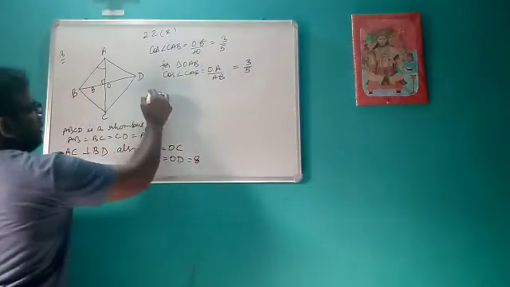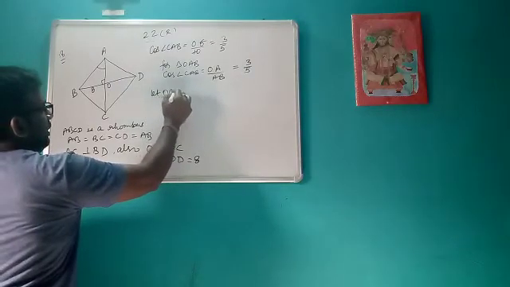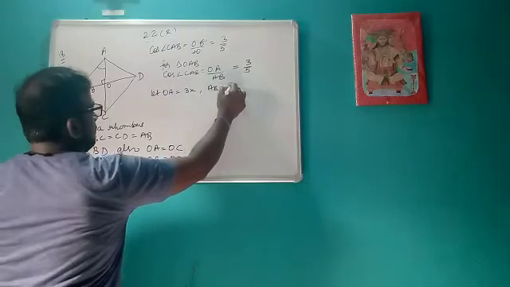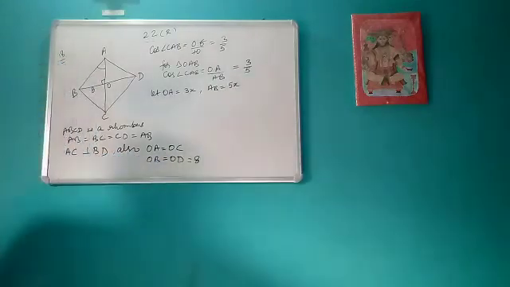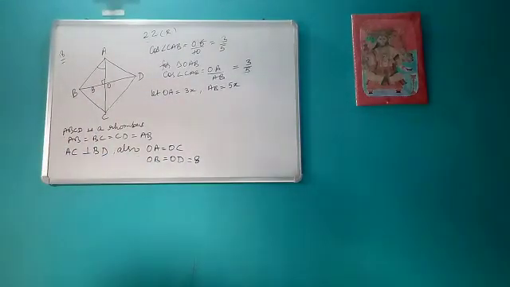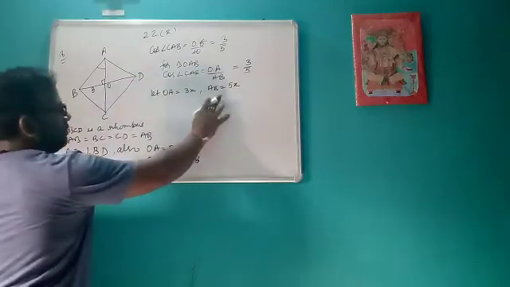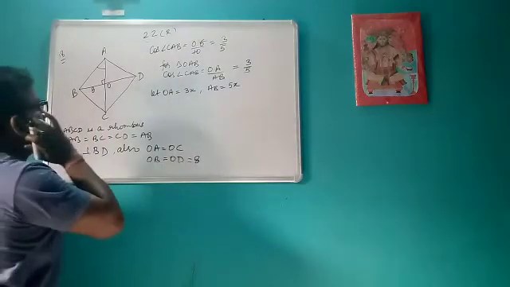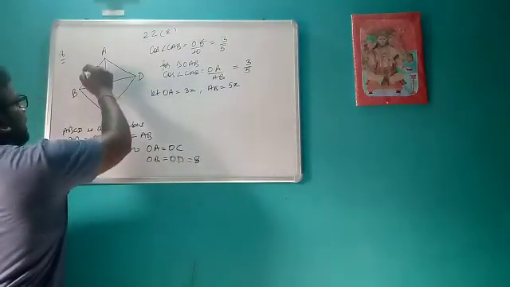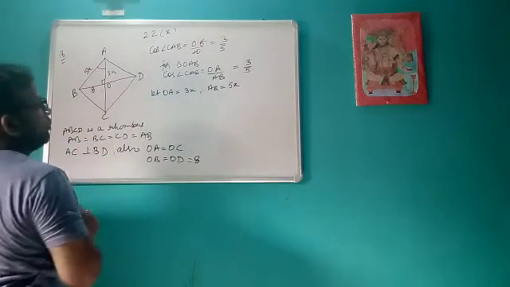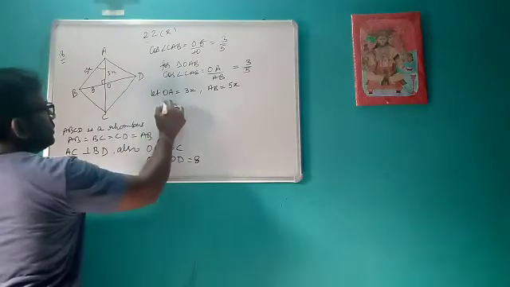So we will assume OA equal to 3x and AB equal to 5x. We will use the property of the ratio. Okay, there is one more way to solve this question, but first we will solve it by this method. So this is 5x now and this OA is 3x now. So what will we use? We will use the Pythagoras theorem.